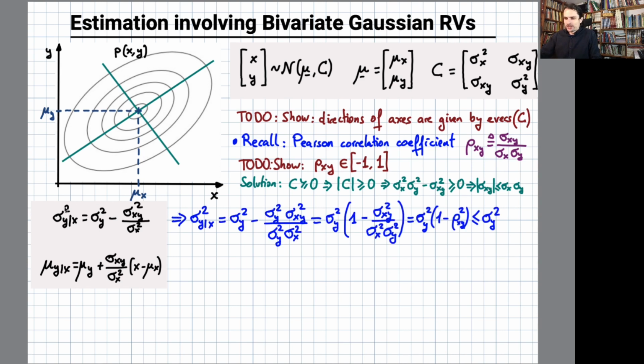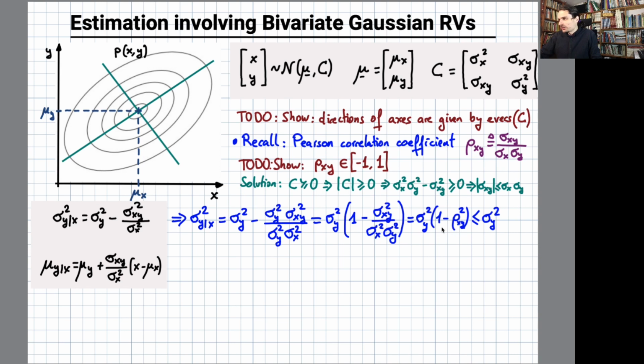Now let us look at the expression for the posterior variance, okay? And to that end, let us multiply and divide this second term by sigma y square, okay? By doing so and taking sigma y square as a common factor, we can express the posterior variance as the prior variance times this coefficient here that is always between 0 and 1, right?